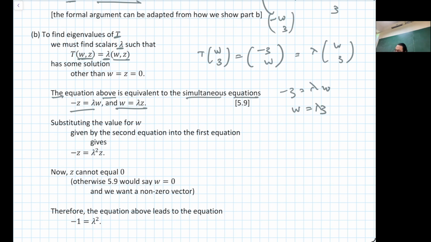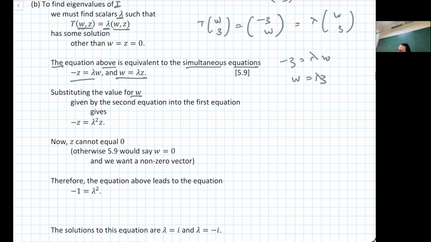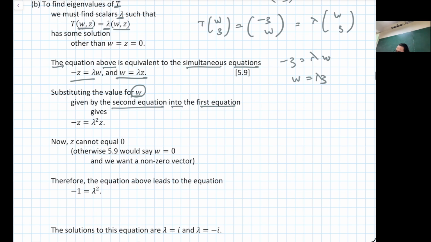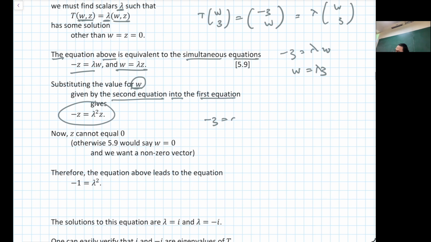Good. So substituting the value for w, given by the second equation, into the first equation gives us the following. This is just algebra. We substitute, and we get minus z is lambda square z. You can just eliminate w.